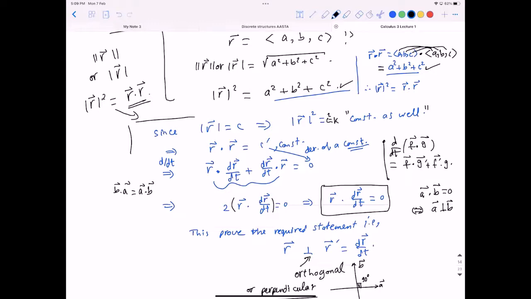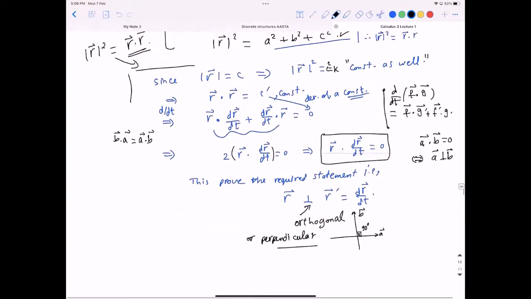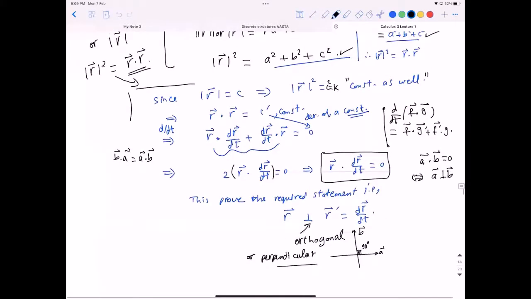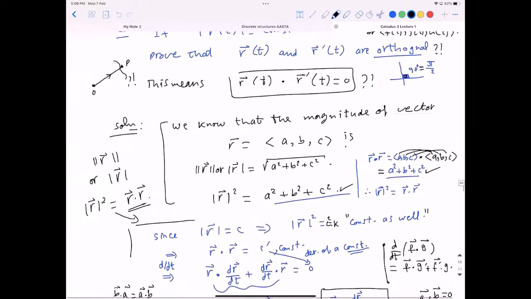The revision will be made about these vectors and geometry to be familiar with this stuff in our course. That's it. This proves that the vector r and the vector r prime, or dr by dt, are orthogonal or perpendicular or have a 90-degree angle in between, whichever way you like. Any question about this?